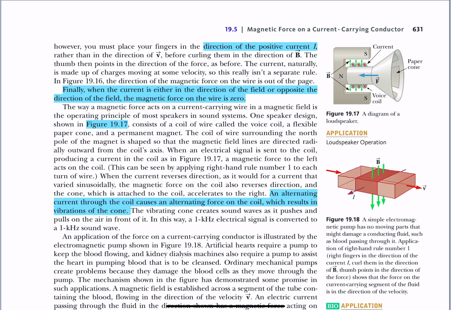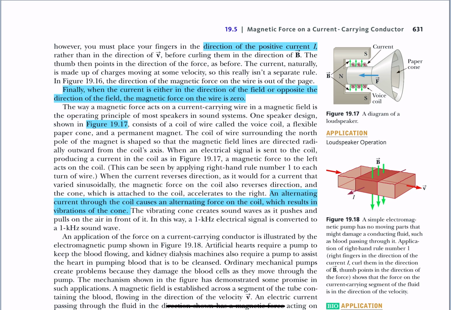Meanwhile, the green arrows are going from the North Pole magnet, which is in the middle of that cylinder, towards the South Pole that is both above and below that gray cylinder. That means that the magnetic field is going from the middle of that cylinder outward, both top and bottom.